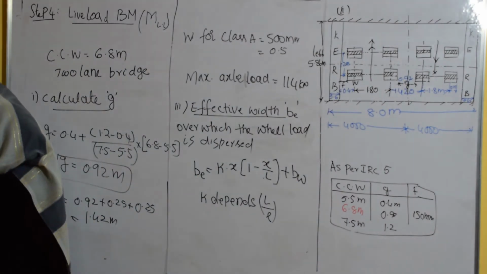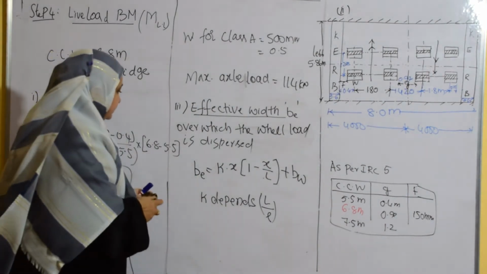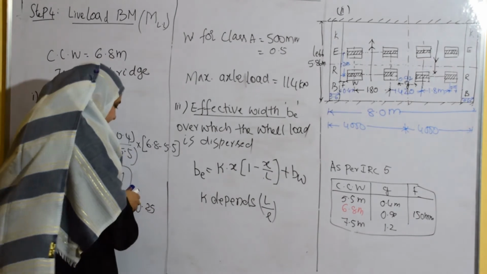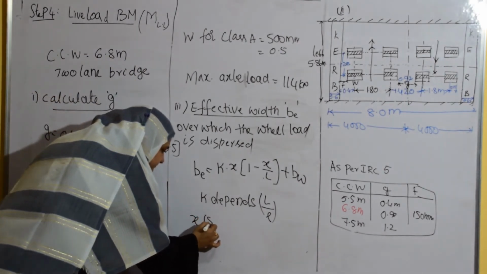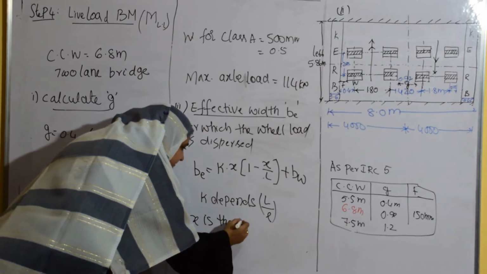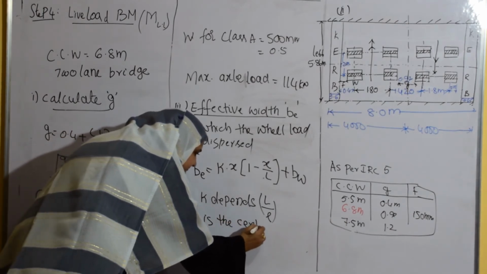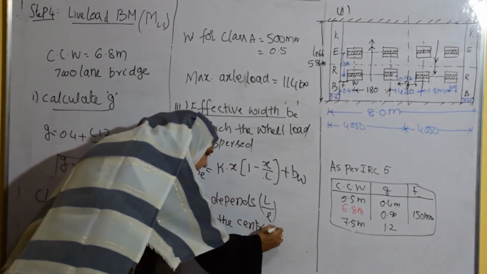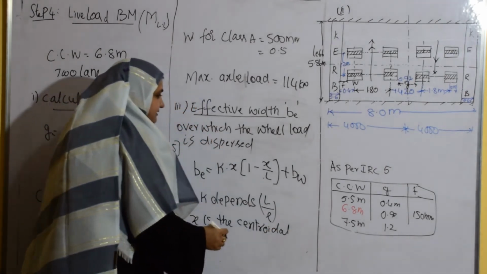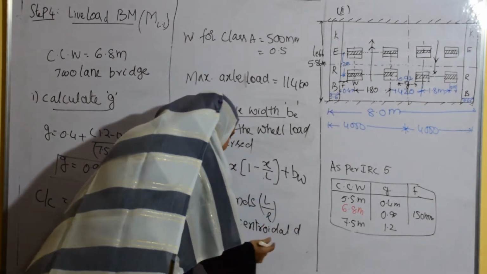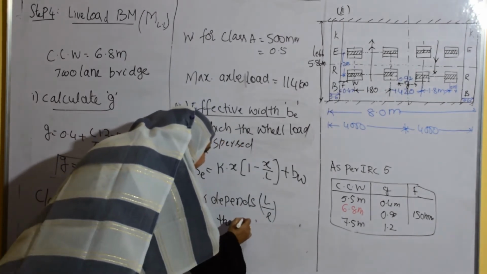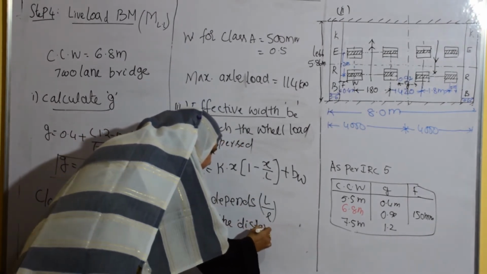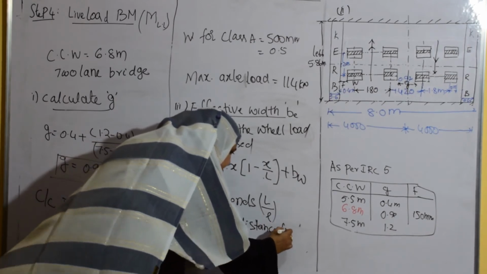Then comes the value of X. So what is X? X is the centroidal distance. It is the distance from the CG of the load.